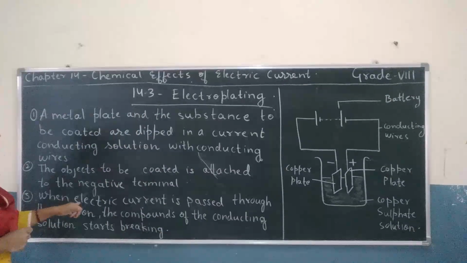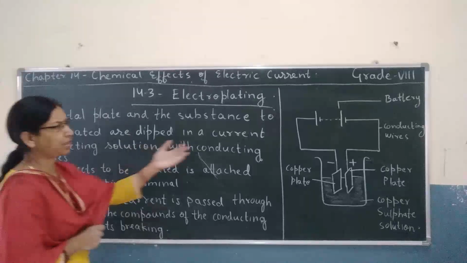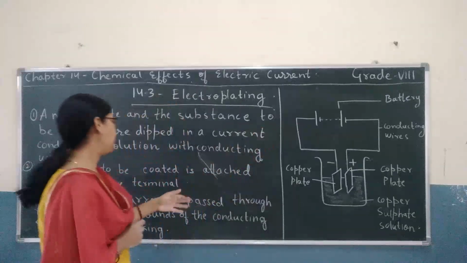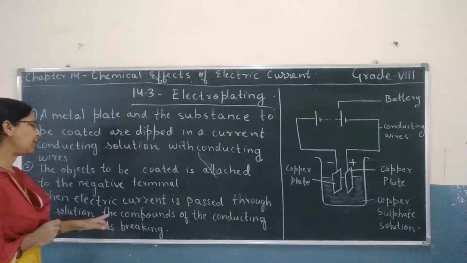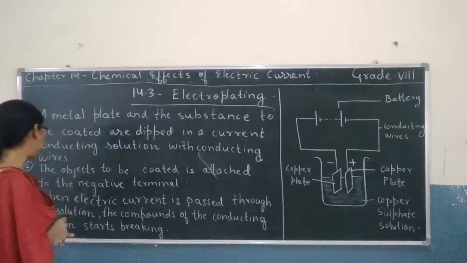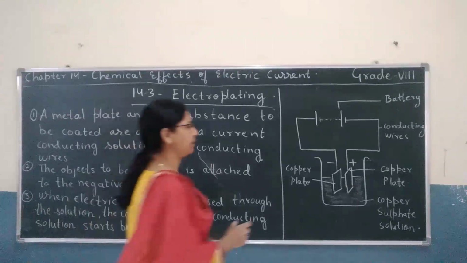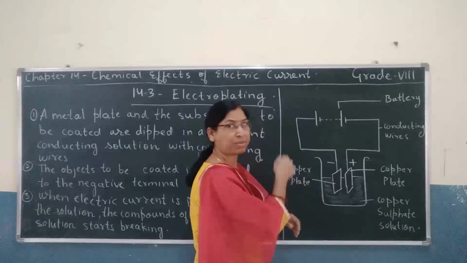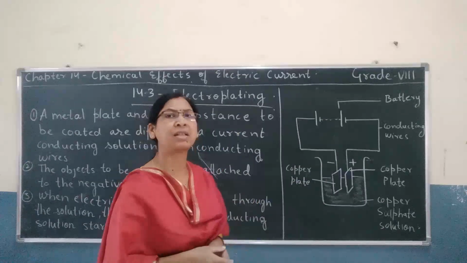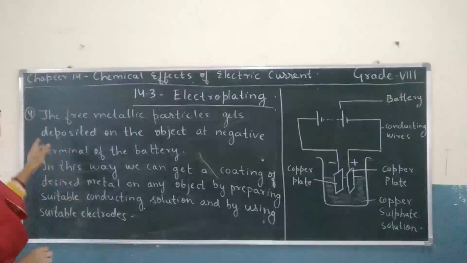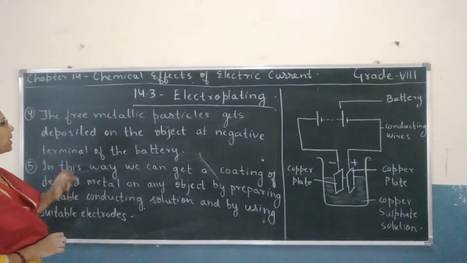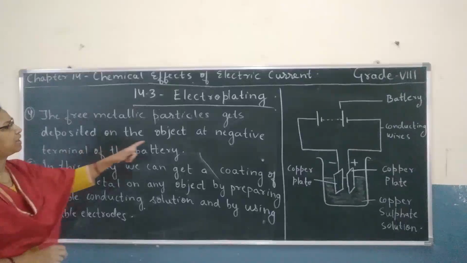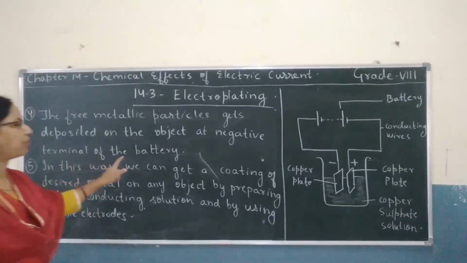So when the electric current is passed, here you can see the battery, and the current is passing through the solution, the compounds of the conducting solution start breaking. Here it has copper sulfate solution. When current passes, it starts breaking. The free metallic particles get deposited on the object at the negative terminal of the battery.